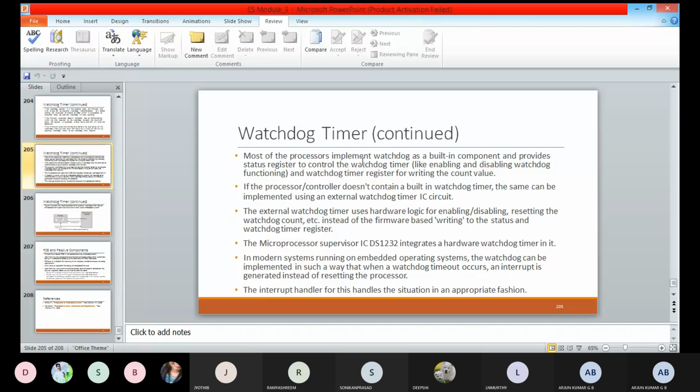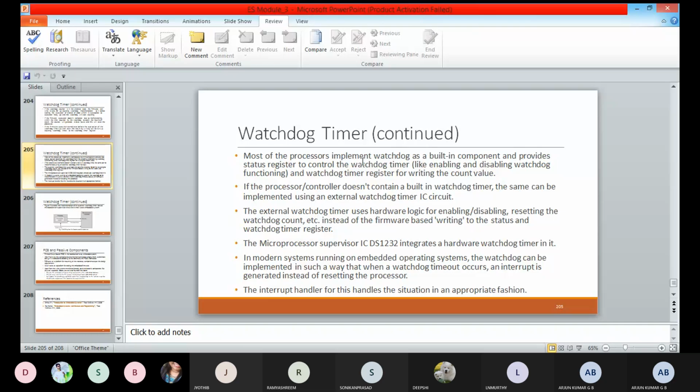If the processor or controller does not contain a built-in watchdog timer, the same can be implemented using an external watchdog timer IC. The IC is also provided, so you can connect this watchdog timer externally. The external watchdog timer uses hardware logic for enabling, disabling, and resetting the watchdog count, instead of software-based writing to the status and watchdog timer registers. One of the ICs used for this is the PS1232.